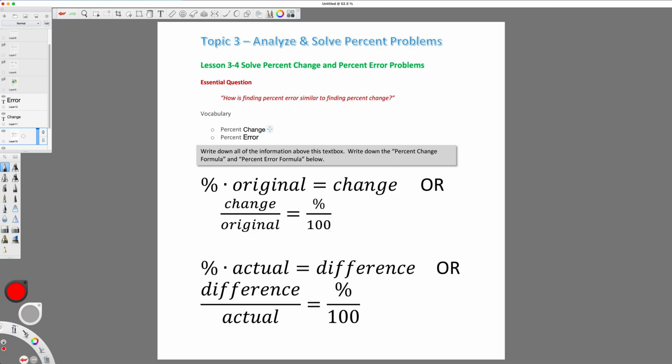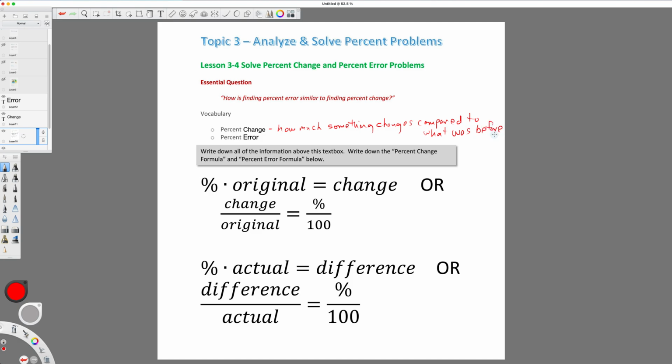So percent change is simply how much something changes compared to what it was before the change.